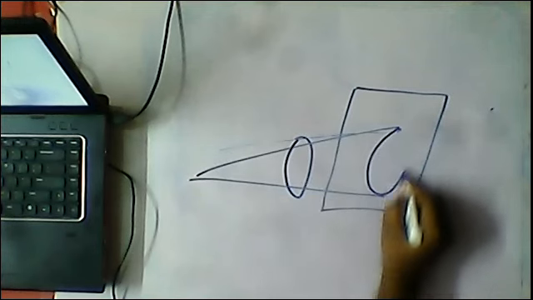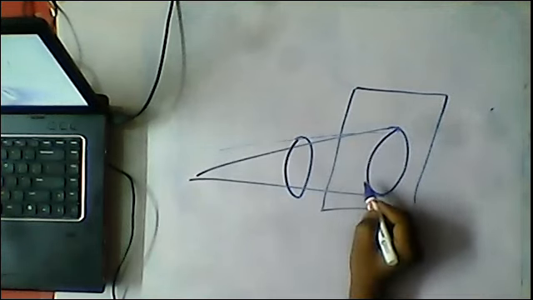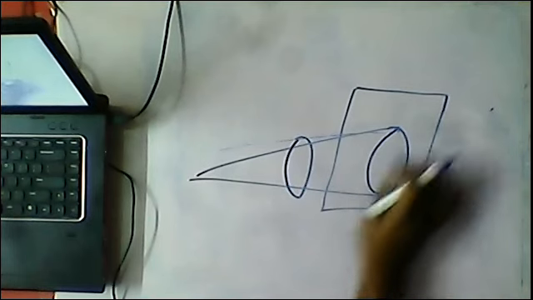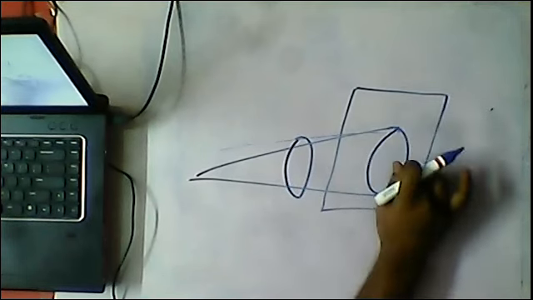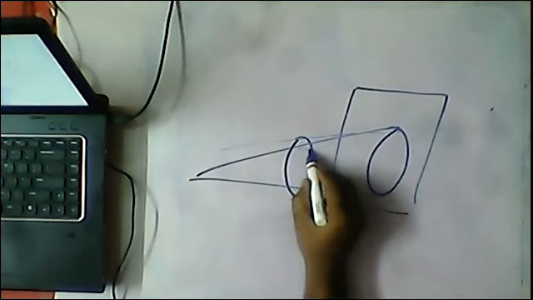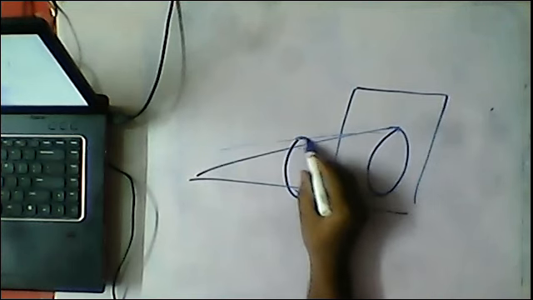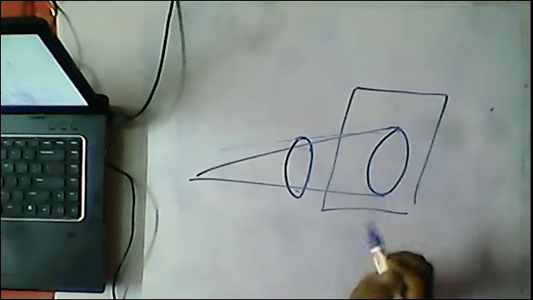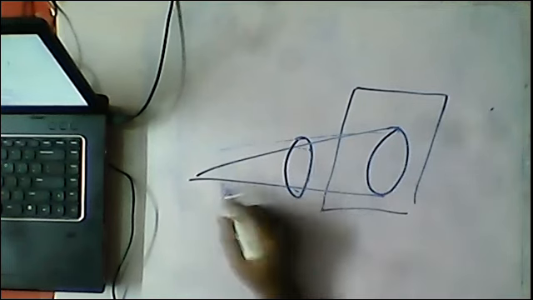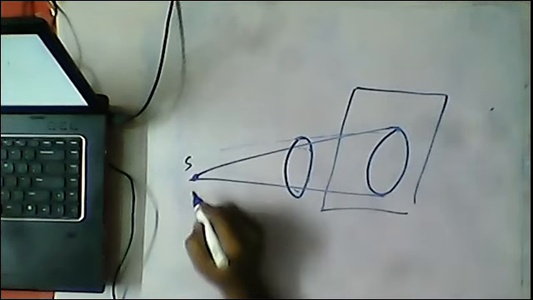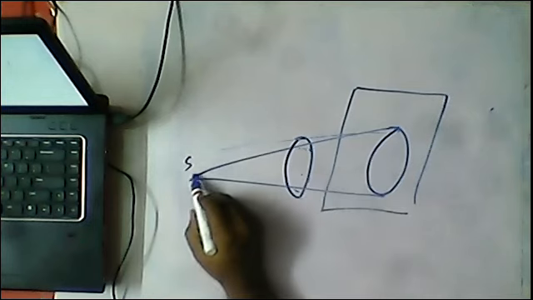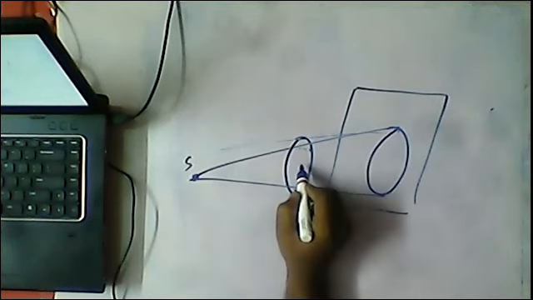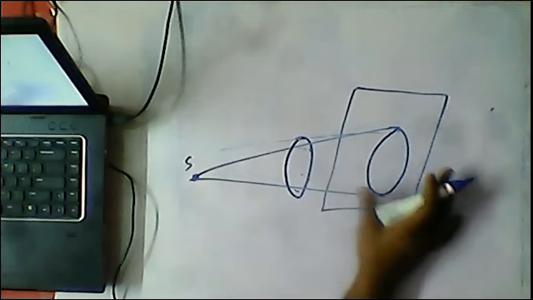So here this is completely dark, and the remaining surface will be bright. That is, the object's shadow is cast here. So once again, this is a point source of light, this is an obstacle, and this is a screen.